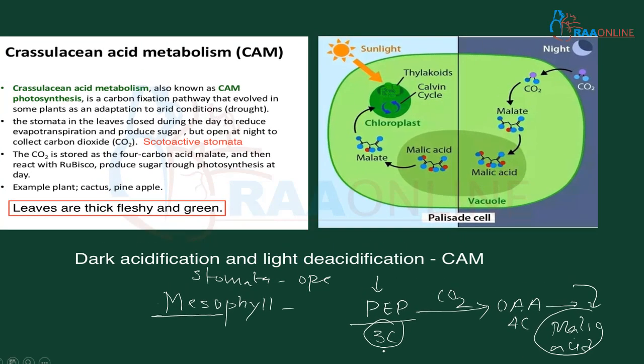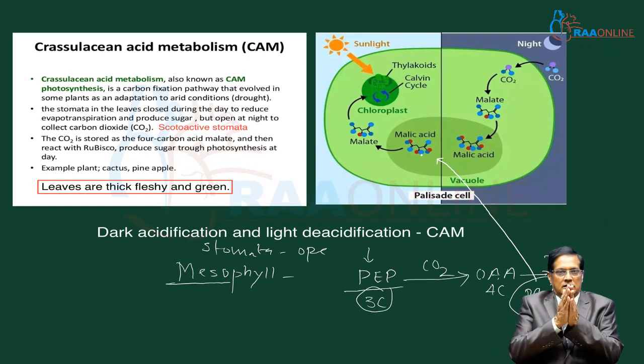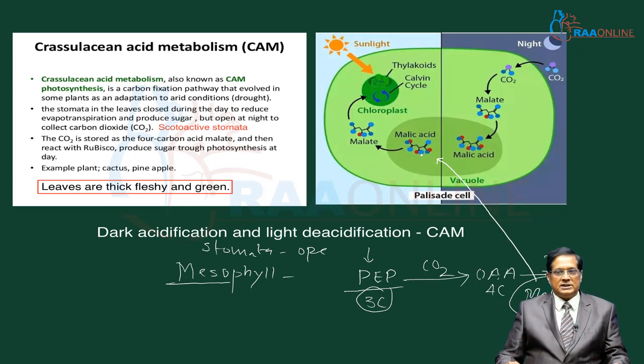This malic acid which is formed at night is stored in the vacuole. And this malic acid is basically concerned with the opening of stomata at night, because malic acid dissociates into malate plus H plus ion.